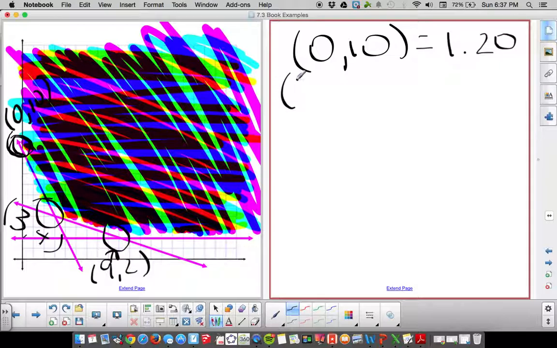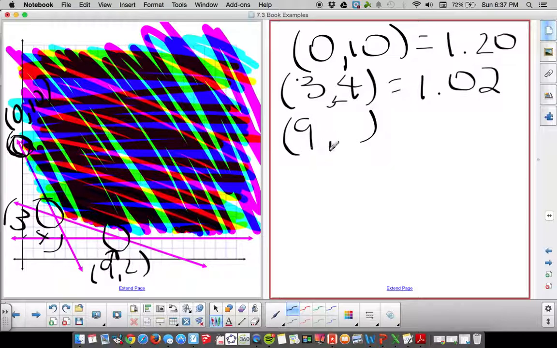3, 4. 0.18 times 3 is 0.54 plus 0.12 times 4 is 0.48. That gives me $1.02. Then my last point is 9, 2.